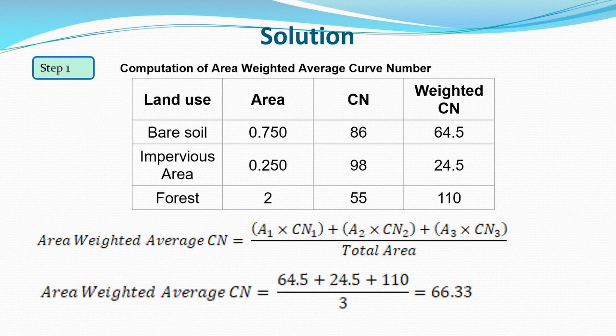So 64.5 plus 24.5 plus 110 divided by the total area of watershed, which is 3 kilometers square. So we will get area weighted average Cn, which is equal to 66.33. So this is the first step.